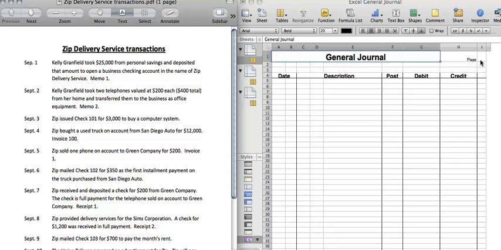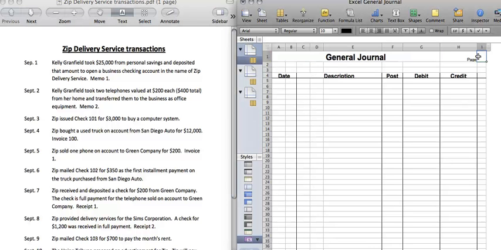First thing we're going to do is enter in a page number, and we'll pretend we're starting our first days with zip, so we'll use page number 1. We'll use the current year, right now is 2013, so we always put that in first. Next we're going to put the month, and our zip transactions you can see take place during the month of September.